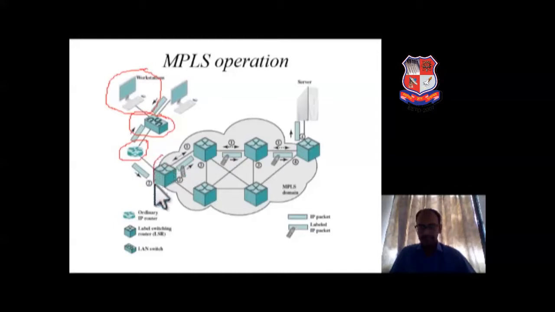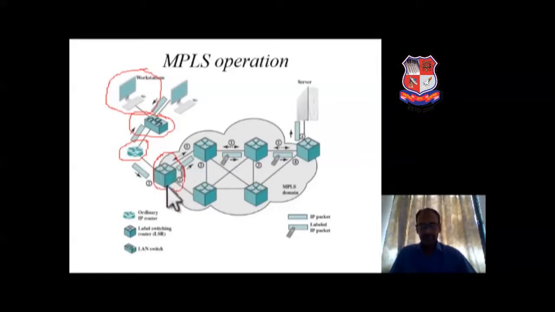But important thing, this other router is now an MPLS domain router. So what we can say, label switch router. But another important functionality of this router is ingress edge router, ingress edge LSR, we can say ingress edge label switch router.